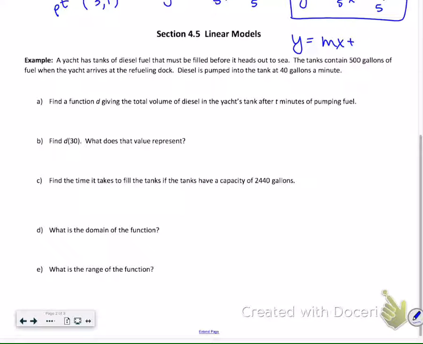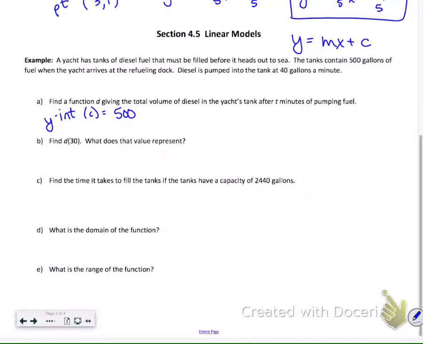Okay, so here's what we're hoping. We're hoping we can write an equation in this form. And I'm going to write C just because that's what the IB formula booklet does there. But C is my initial whatever. In this case, the tanks contain 500 gallons of fuel when the yacht arrives. So my y-intercept, or my C value, would be 500 gallons of fuel. The slope is the rate of change.